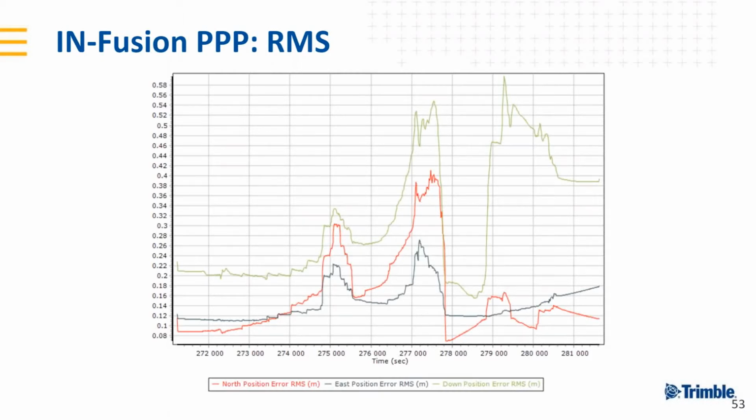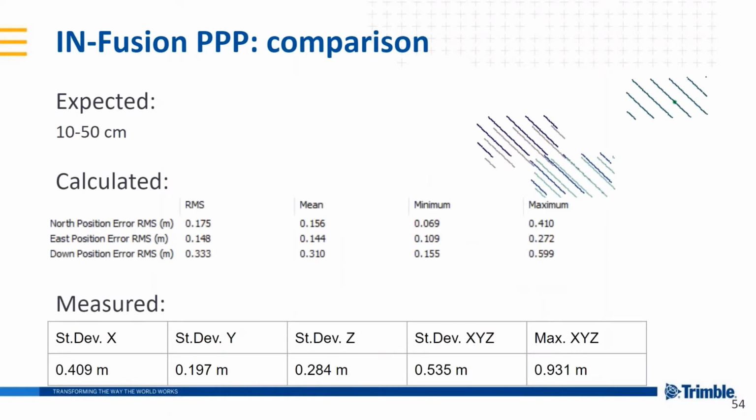For PPP, the north and east position error is within 25 centimeters, and down position error RMS about 35 centimeters. With the expected accuracy of 10 to 50 centimeters, we get a bit of a difference between the calculated error RMS and the measured standard deviation.